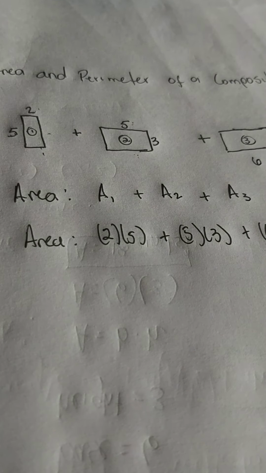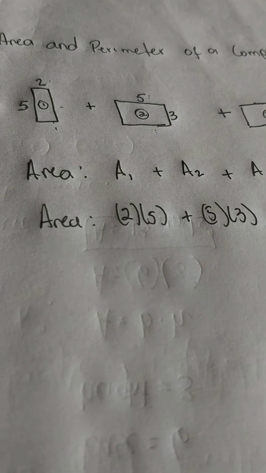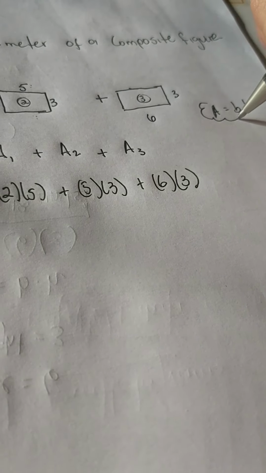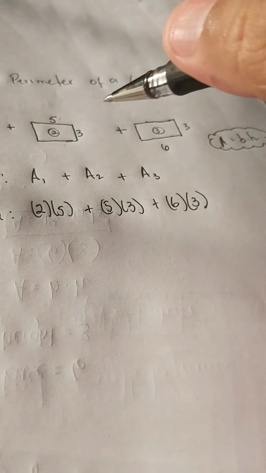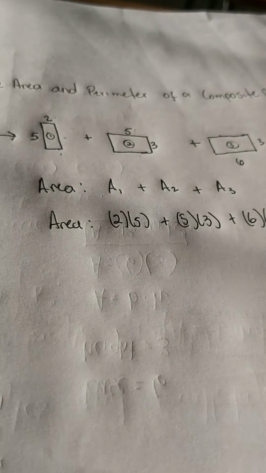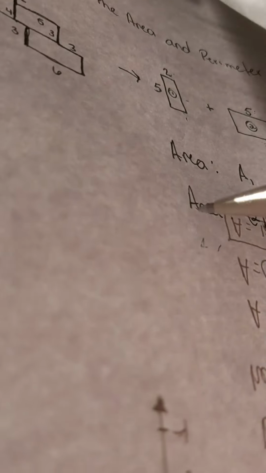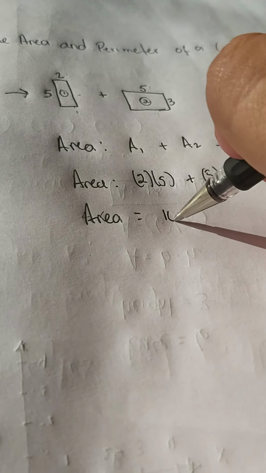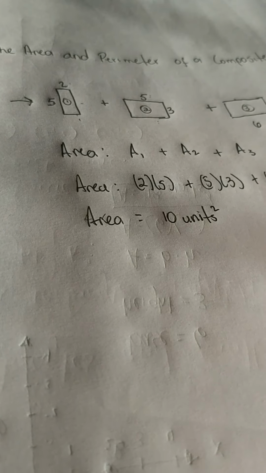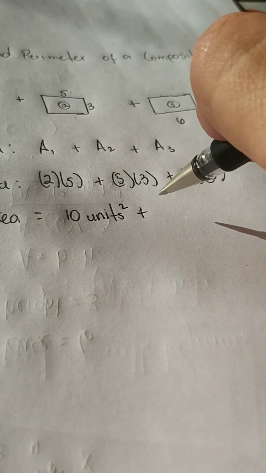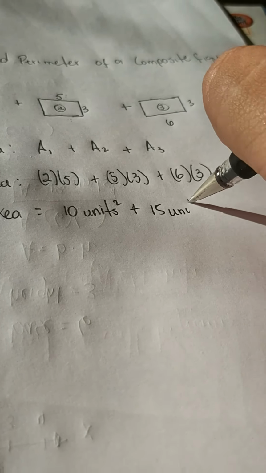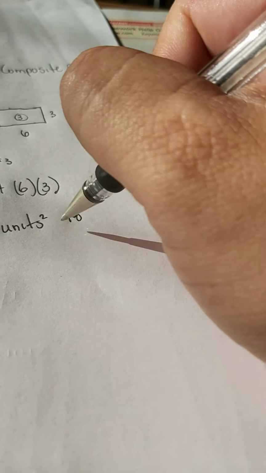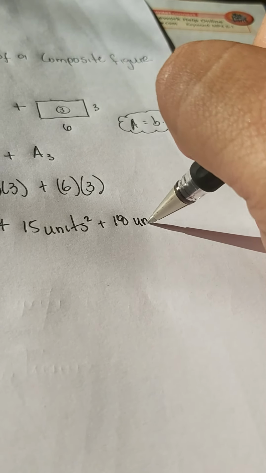Okay, don't forget that we're using the formula area equals base times height. Okay, so we use this formula to find area 1, area 2, and area 3. Now let's multiply them. Area equals 2 times 5, 10 square units, plus 5 times 3, 15 square units, plus 6 times 3, 18 square units.